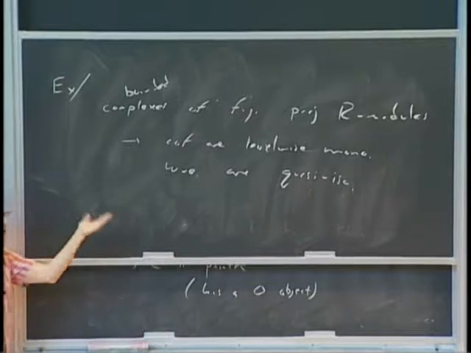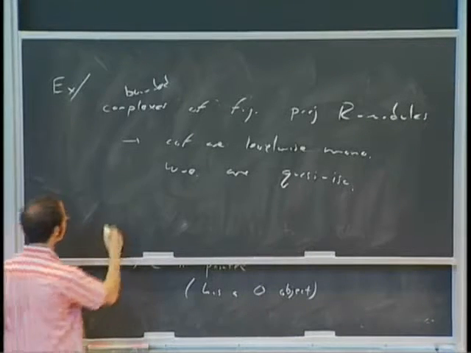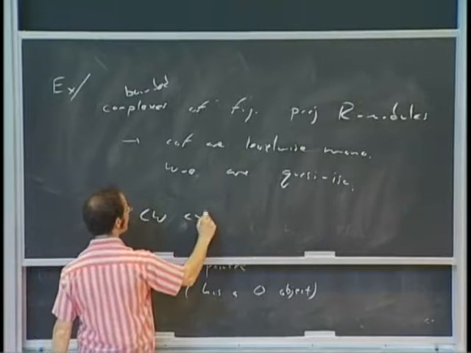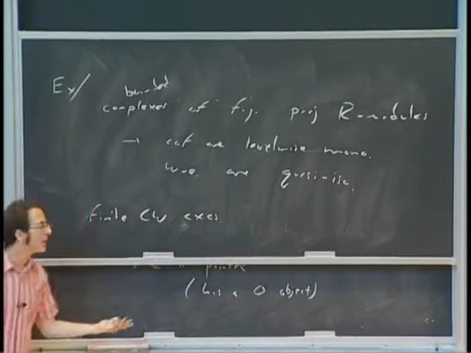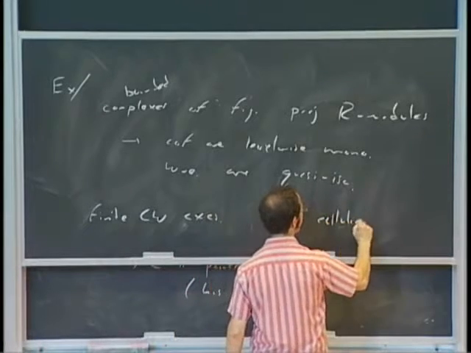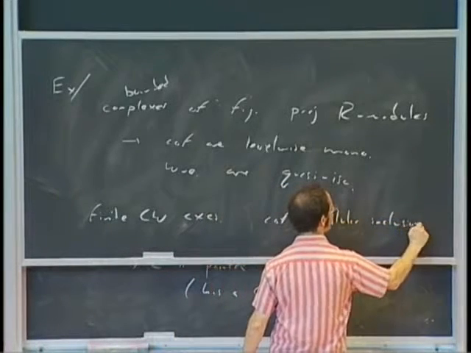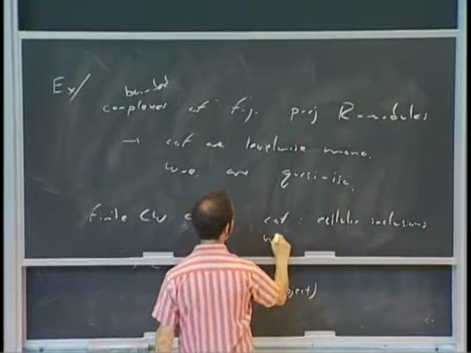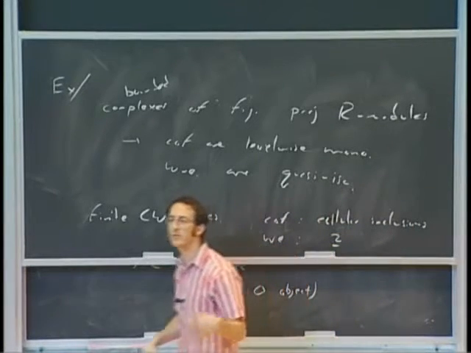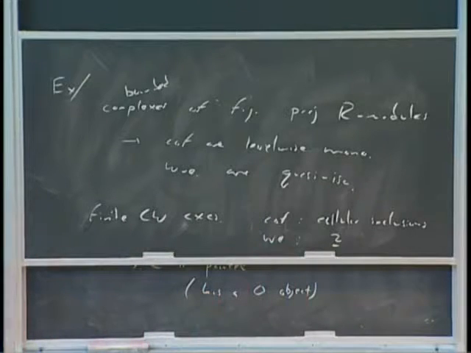We've already seen another example. I gave this before. We can take finite CW complexes, where cofibrations are cellular inclusions, and weak equivalences are homotopy equivalences or weak equivalences, as you prefer.